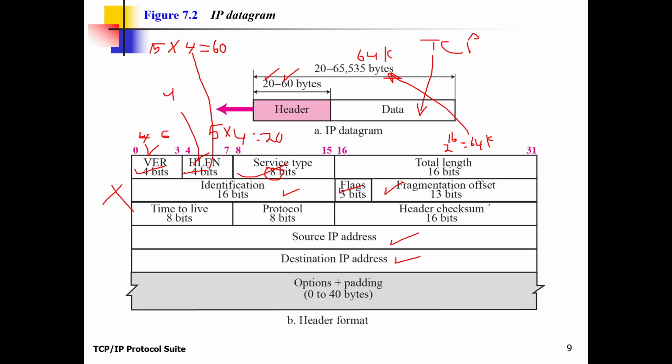The checksum is a concept that we'll talk about. Then you have the source IP address and the destination IP address. So that's what is in this header. As simple as that.